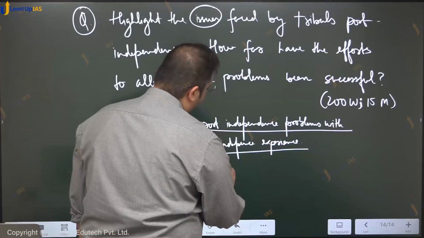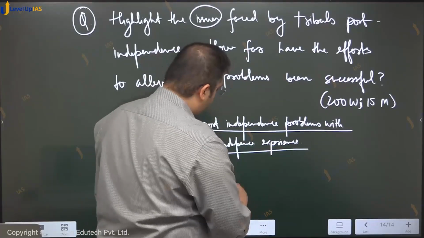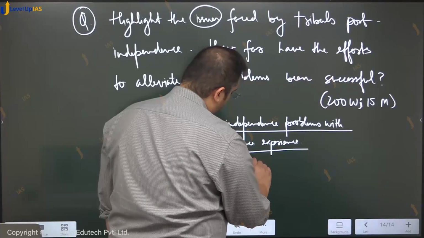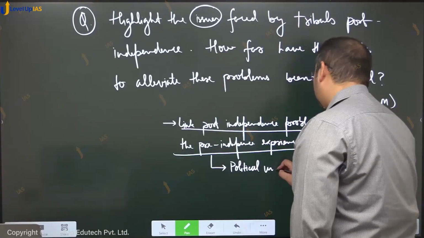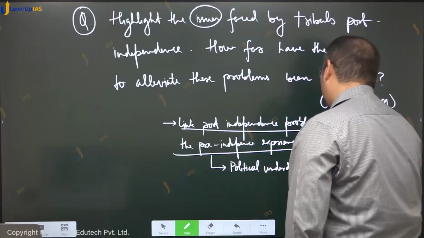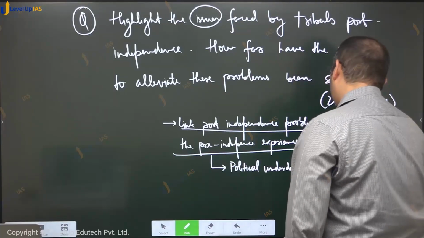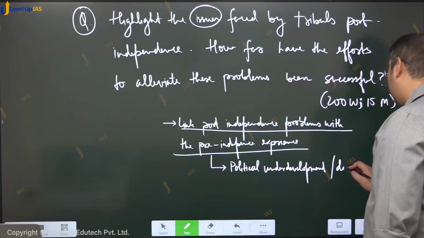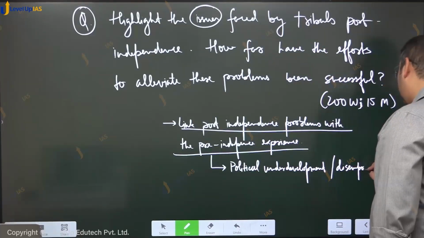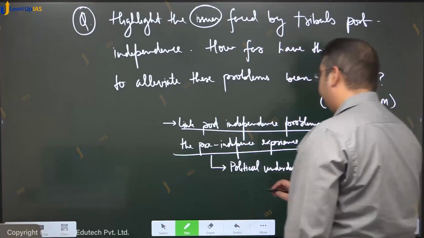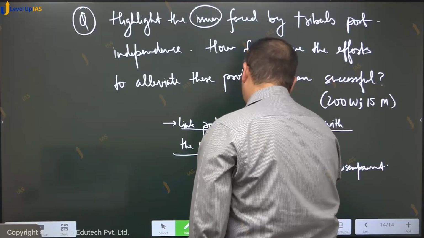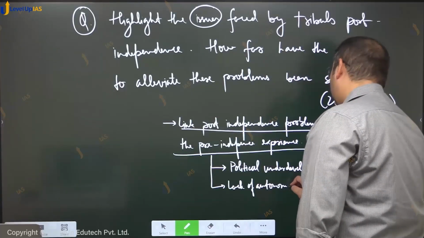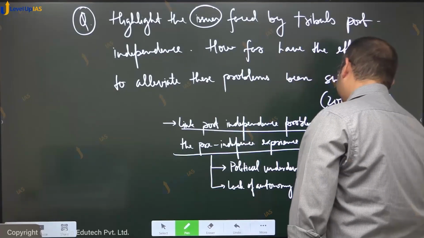क्या देखने के लिए मिलेगा? Their political underdevelopment and disempowerment, lack of autonomy and agency.